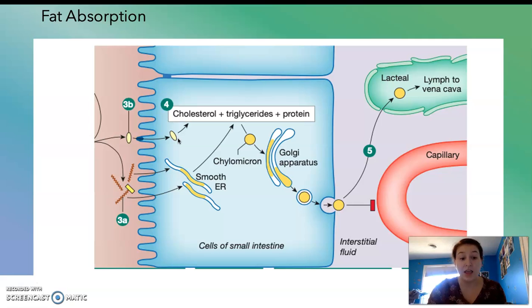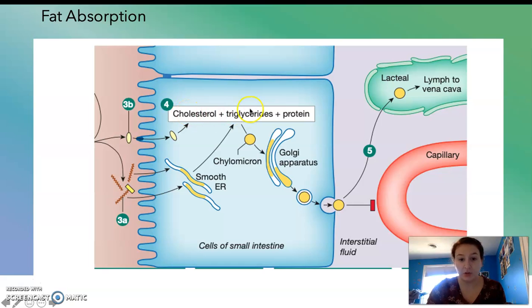The transporter is going to help transport that through the membrane of the small intestine. Next, the fatty acids are going to go through the smooth endoplasmic reticulum, which is going to revert them back to triglycerides. We had to break it down so it could pass through the membrane. Now it's going to need to turn back into triglyceride because that is what we're going to reabsorb. So these fatty acids and monoglycerides pass through the smooth ER, meet up with the cholesterol, and combine with it.